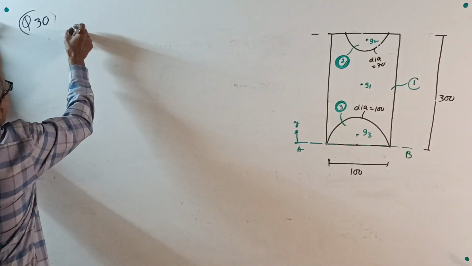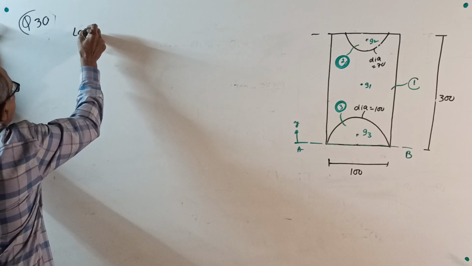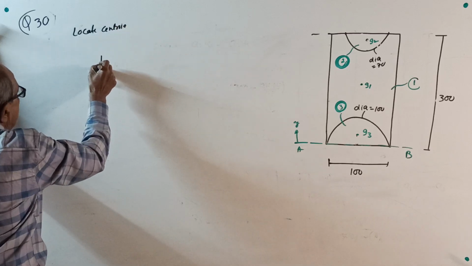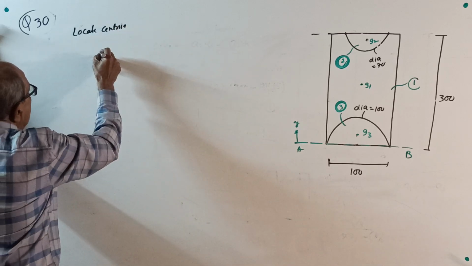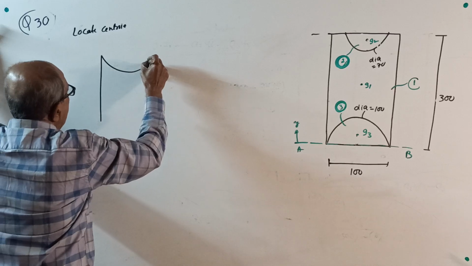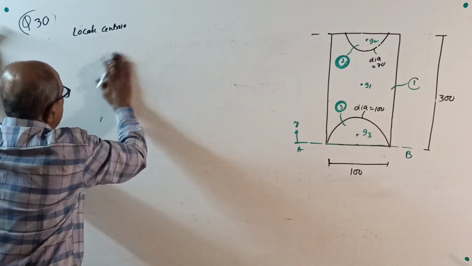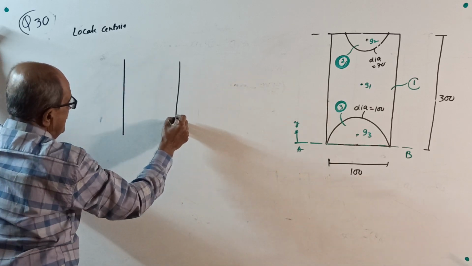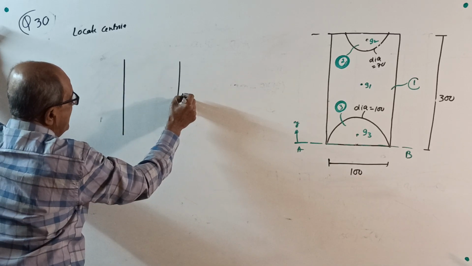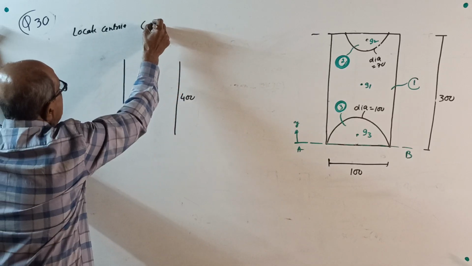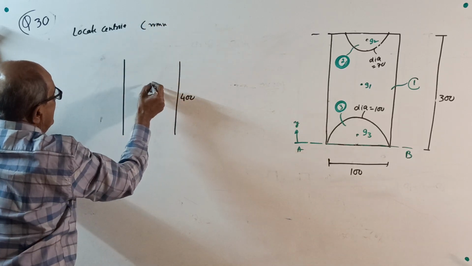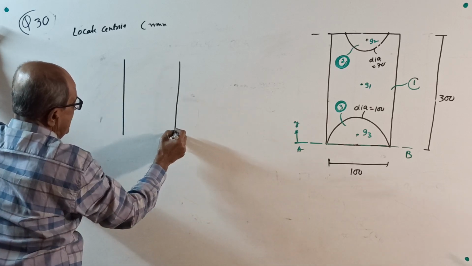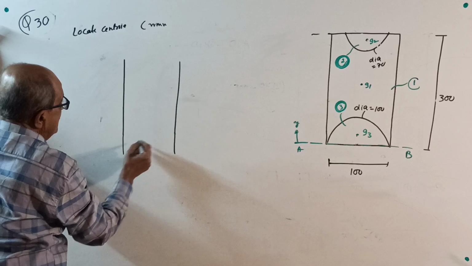See, locate centroid. It should look like something. This is 400. All dimensions are in millimeter. This is 400.